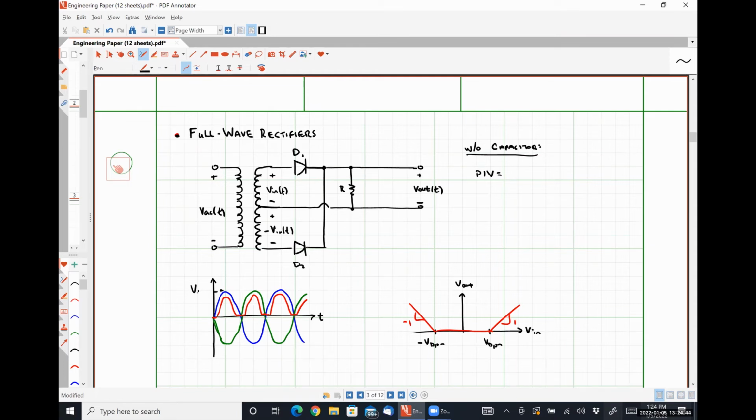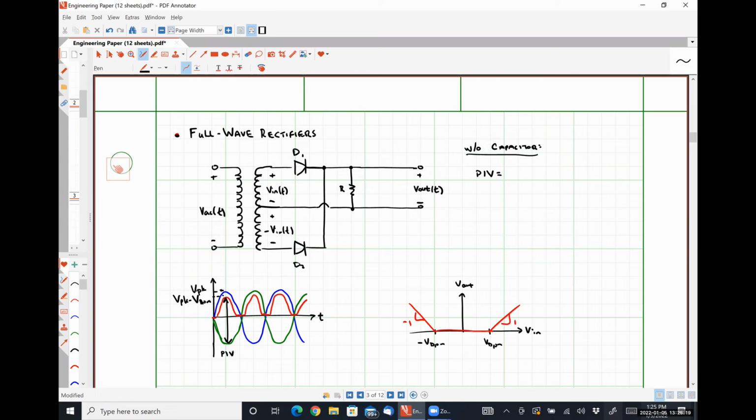This is V peak. This is obviously V peak minus VD on. So this distance between the peak of the output and the minimum of the input is the peak inverse voltage by definition. What is it? It's 2 V peak minus VD on.